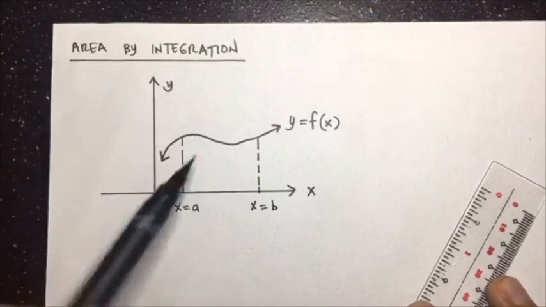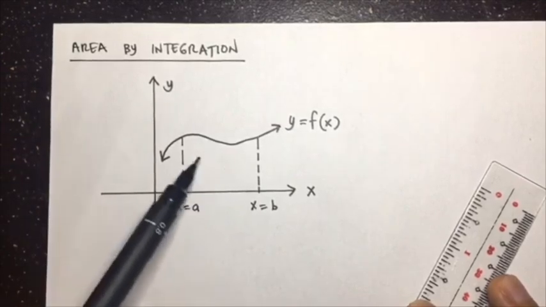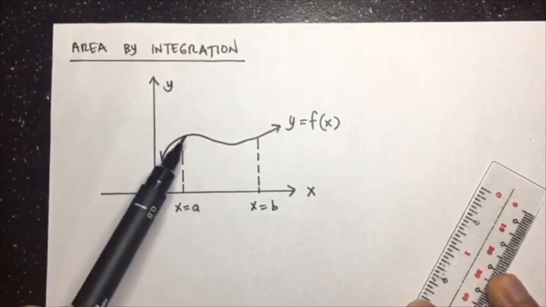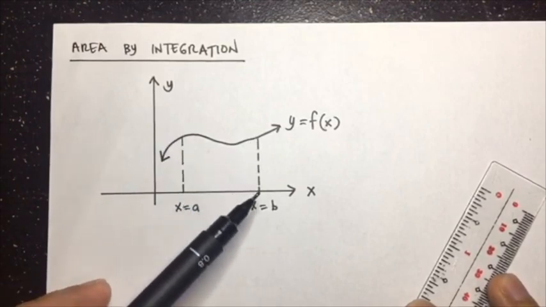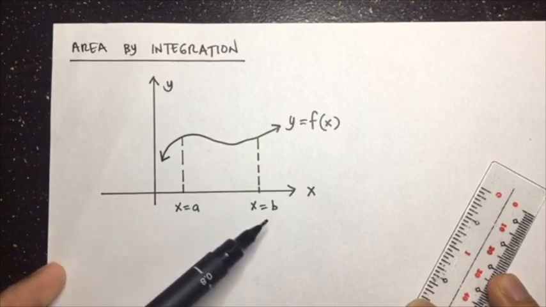So we are concerned with this area, bound by the curve, the x-axis, and the limits x is equal to a and x is equal to b.